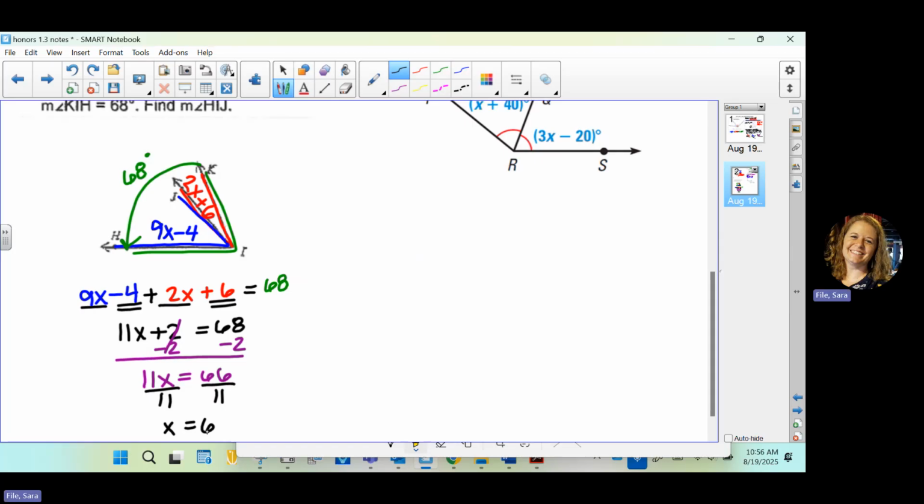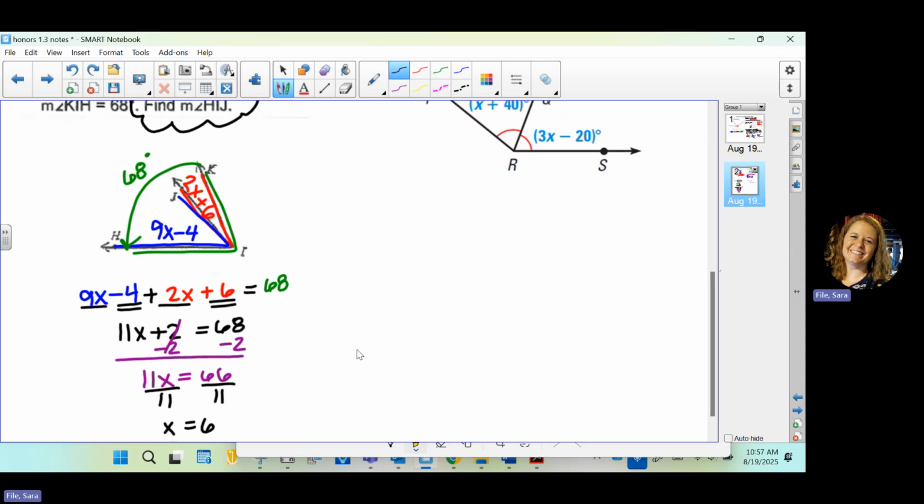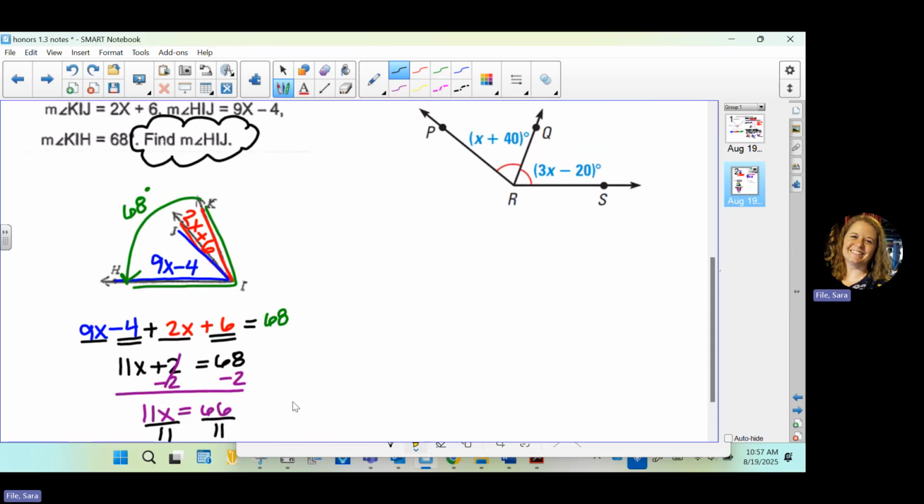Are we done? Did we answer the question? Nope. What did they ask us to find? We have to come back up here and make sure we're answering the question that is asked. We found x, fantastic. That was the first step. Now what do we have to do with x? Plug it back in. They're asking us to find HIJ, which is the blue one.